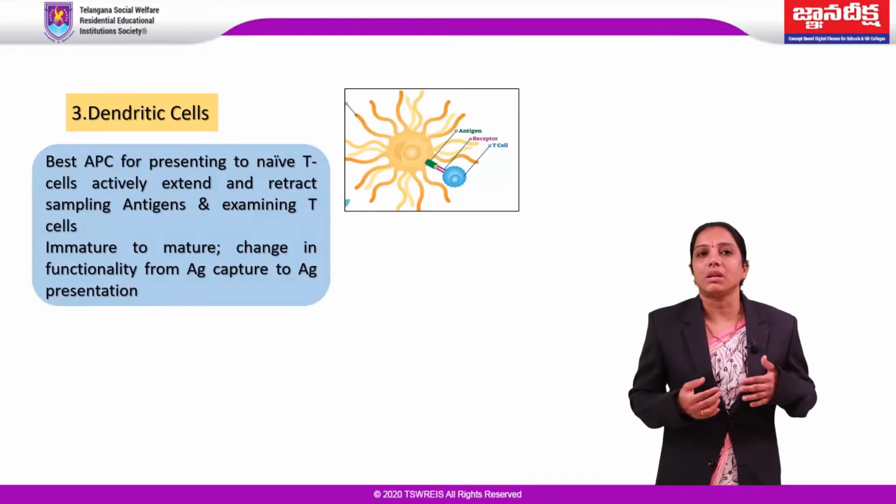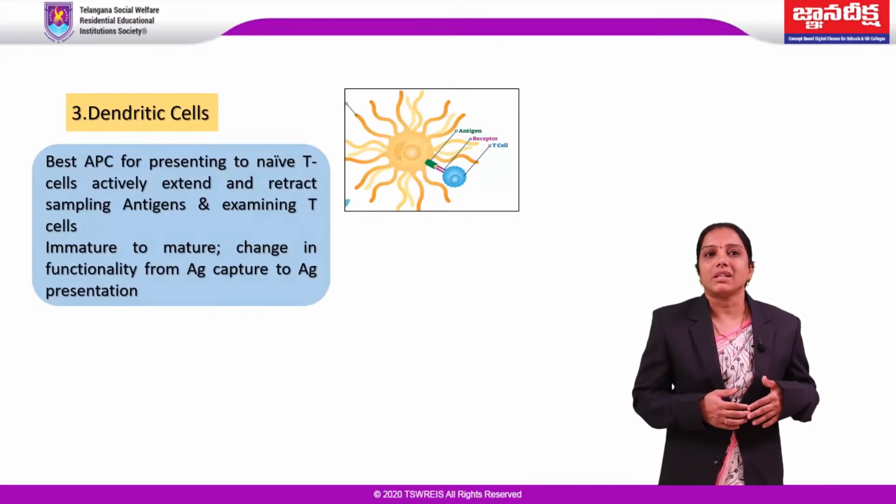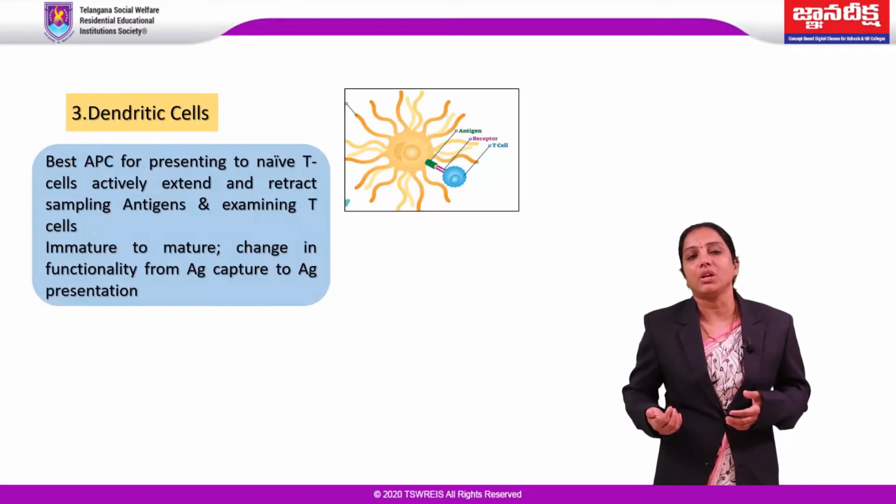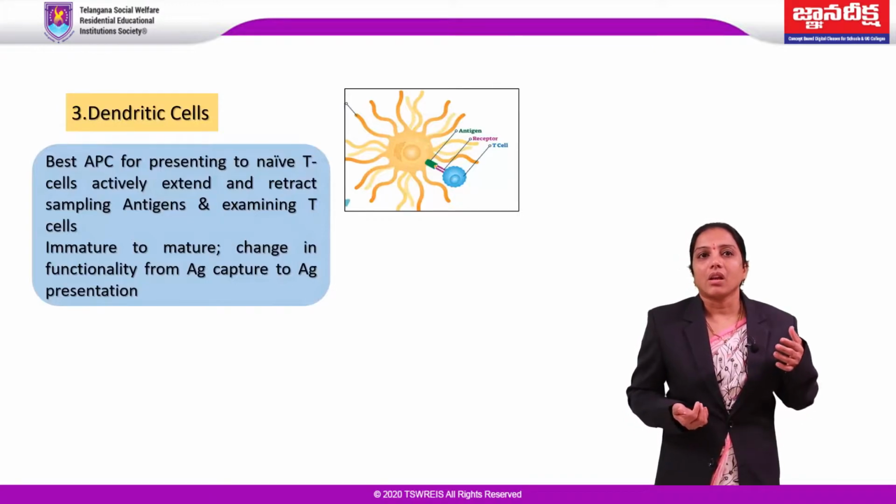Actually, they mature themselves to present an antigen after capturing it, so that they act as messengers between the innate, that is inborn immunity, which is provided by the skin, mucous membranes, etc., and the adaptive immunity or acquired immunity, which is obtained through the lifetime.